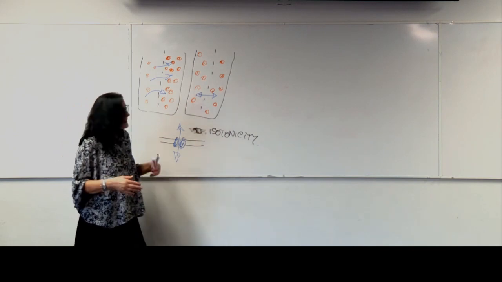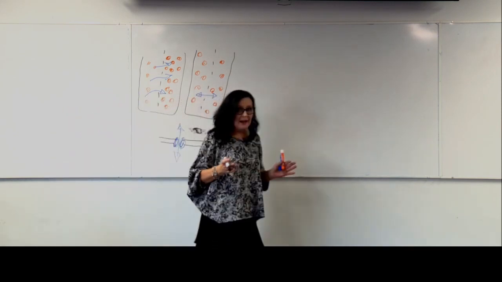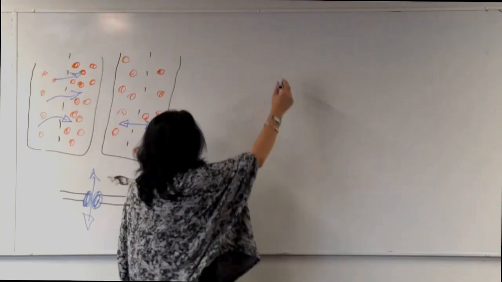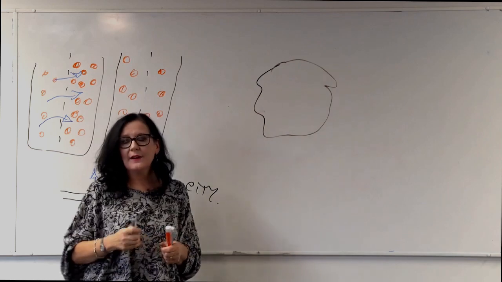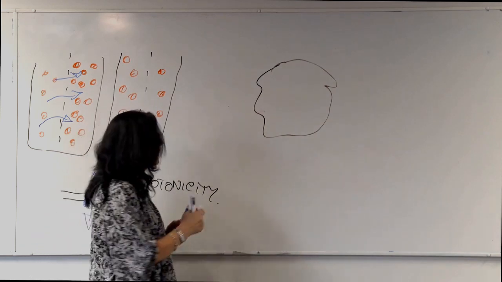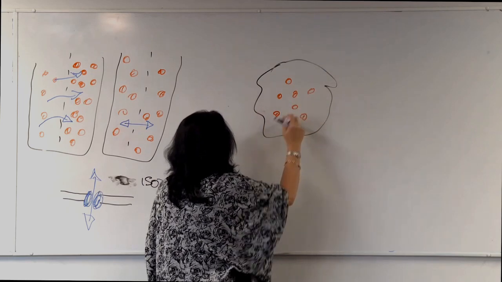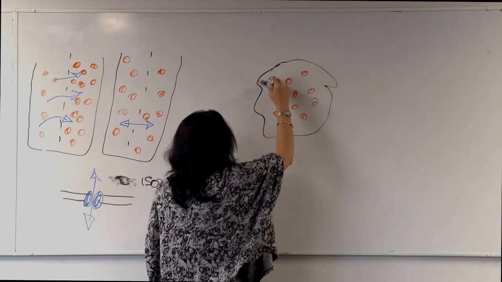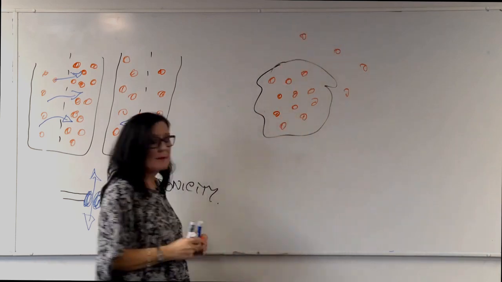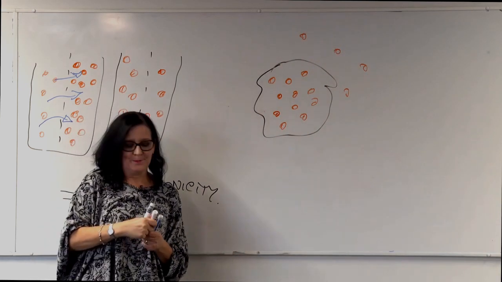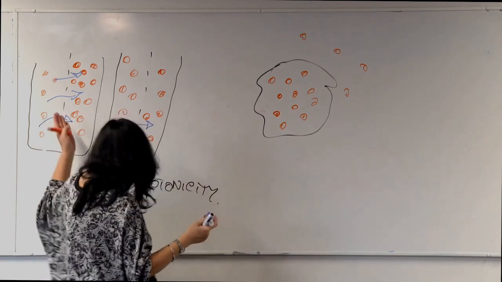Okay, so let's look at what happens in cells when we change that. If I have a cell, and if I have more solutes within the cell than outside, so we'll just have a couple outside, just for good measure, which way is water going to move? Yep, it's going to want to dilute, remember, like our glass.